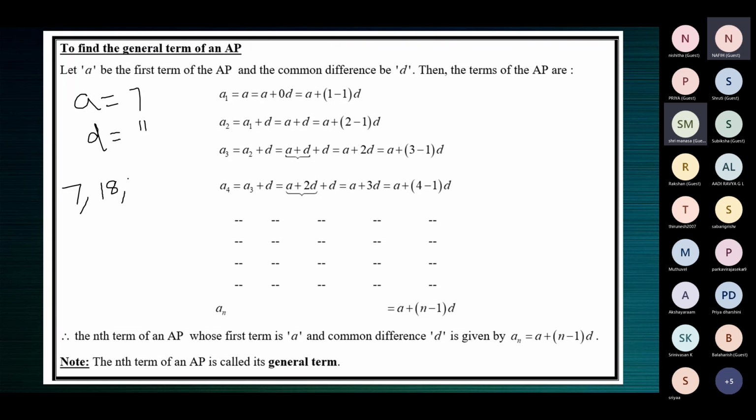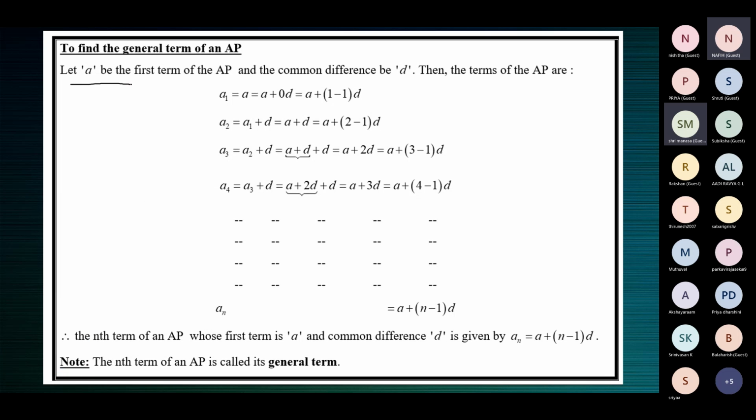Keep adding the common difference. Now check the common difference: 51 minus 40 is 11, 40 minus 29 is 11, 29 minus 18 is 11, 18 minus 7 is 11.